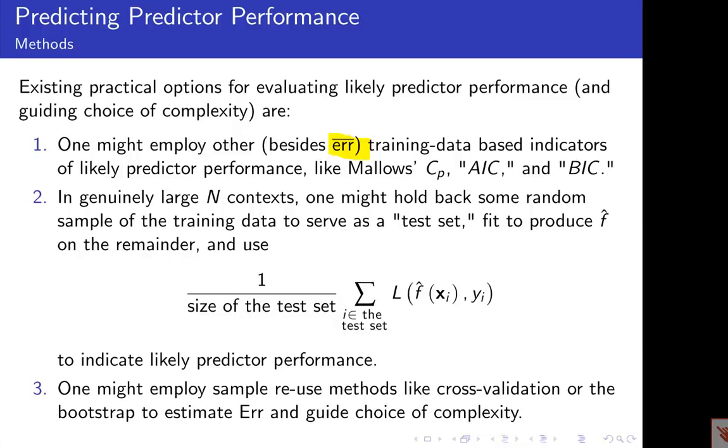Another possibility, in a very large N context, is to hold back some random sample of the training cases to serve as a test set.